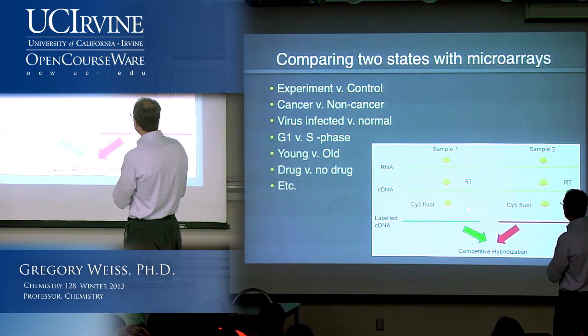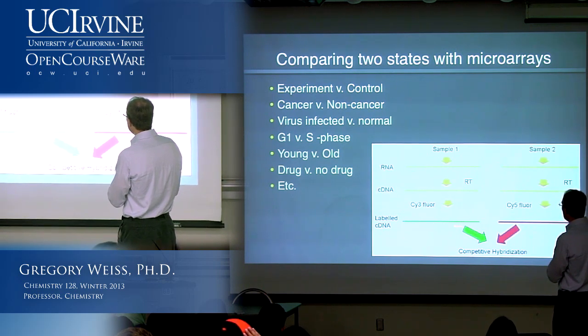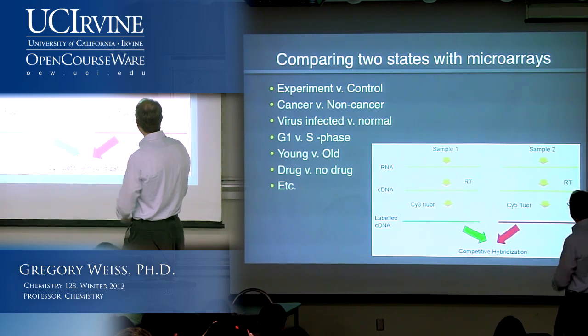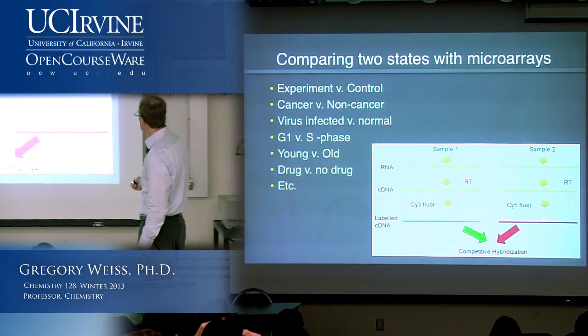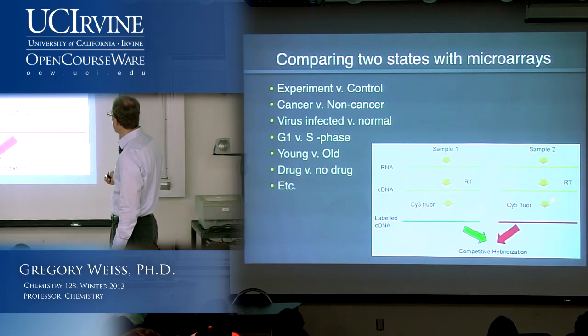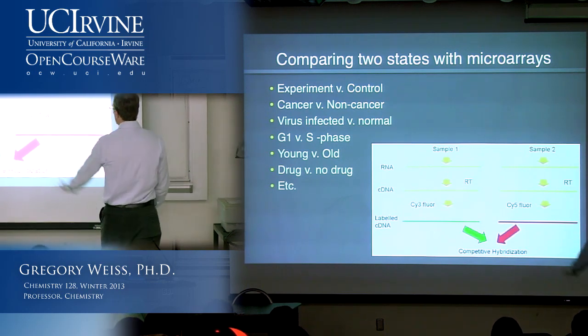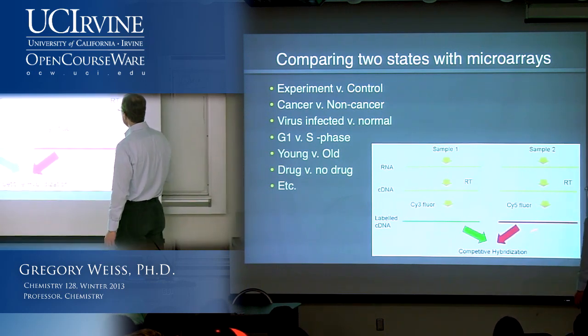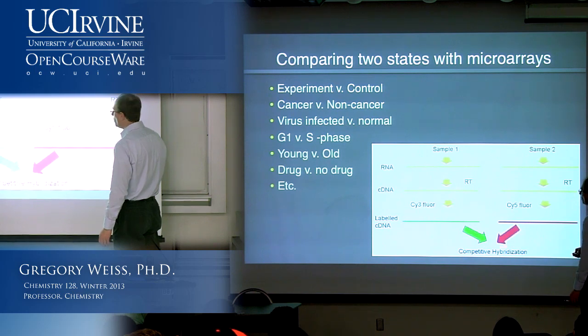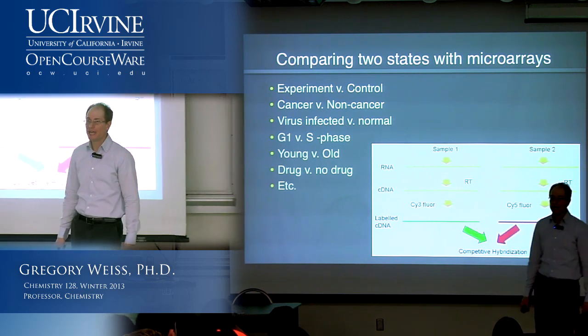On sample 1, you use reverse transcriptase to convert all the RNA into DNA, and you add the green fluorophore. In sample 2, you use reverse transcriptase and label all of those with a red fluorophore. So sample 1 is green, sample 2 is red, and then you add both of those to the DNA microarray.